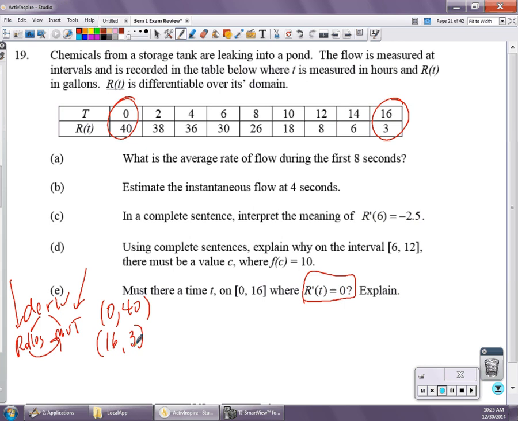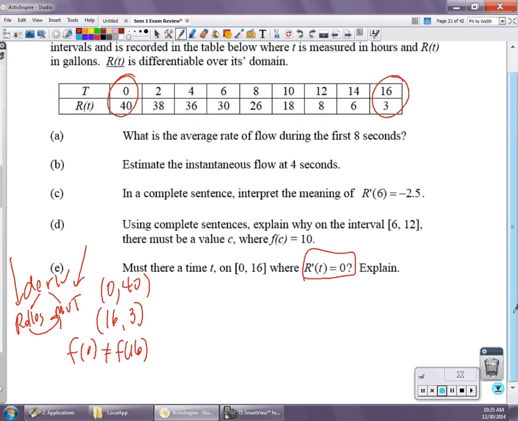So notice that f of 0 is not equal to f of 16. So by Rolle's, we're not meeting all the criteria of Rolle's theorem, so we can't guarantee that the derivative will be 0 at some point. So that's justifying by Rolle's theorem.